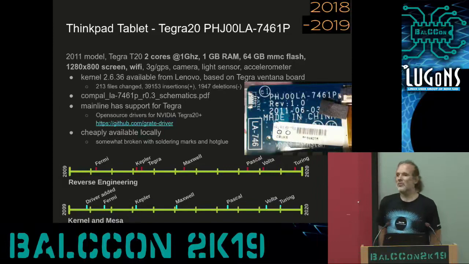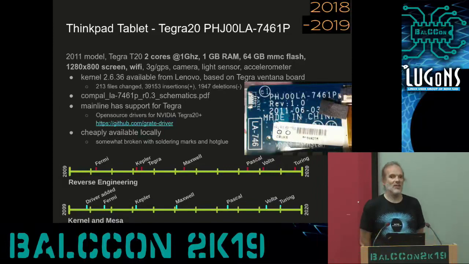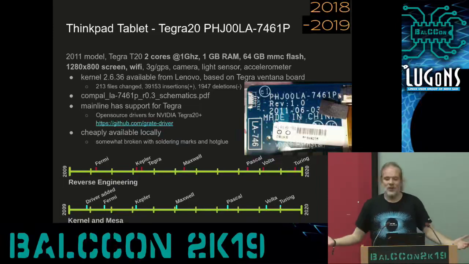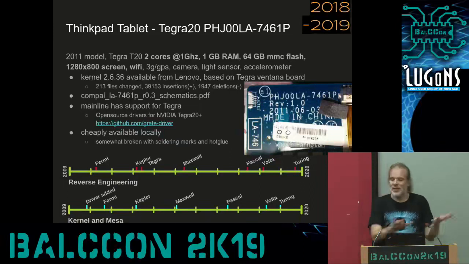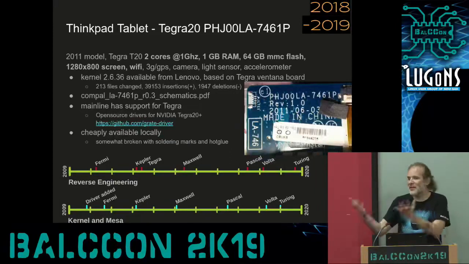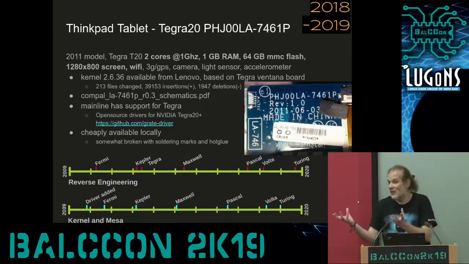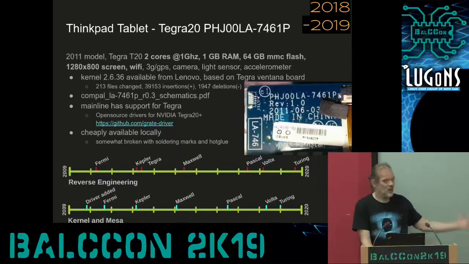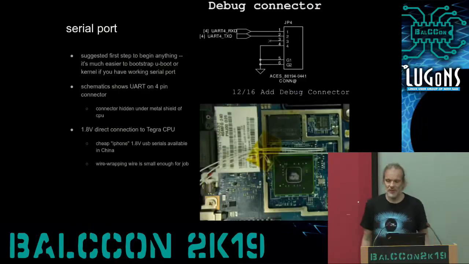So in a sense, it's almost like I was tasked with doing a board bring-up for a completely new board. If you had a project like that, you would probably get stuff like that. You would get the board, the schematic, and some kind of reference implementation which somewhat matches your device. Note about Tegra, if you look at those two graphs on the bottom, you will notice that Tegra is unfortunately still not part of the mainline kernel, but there is a fork on GitHub which works.